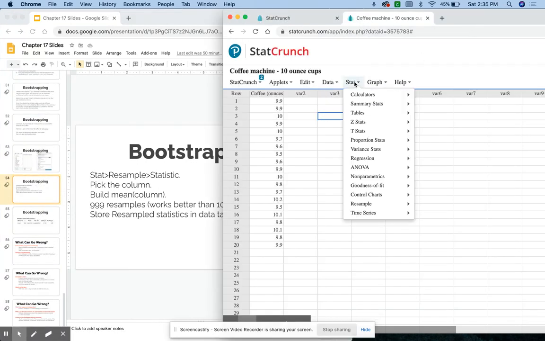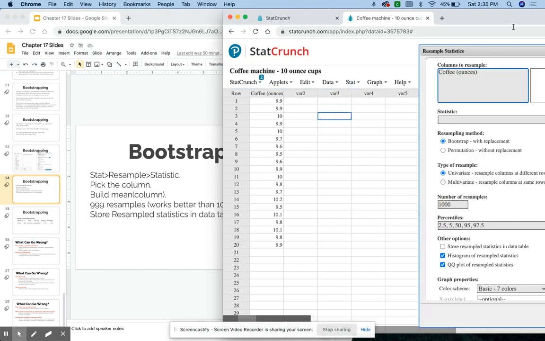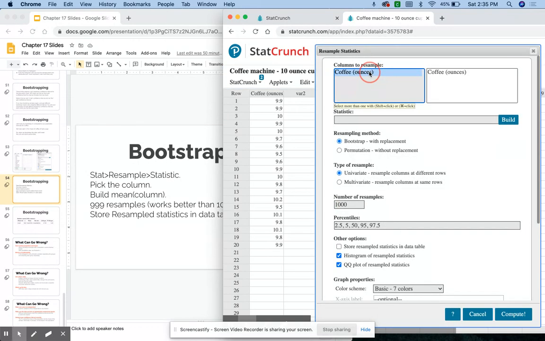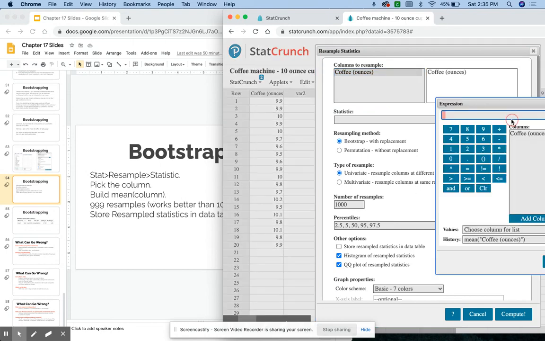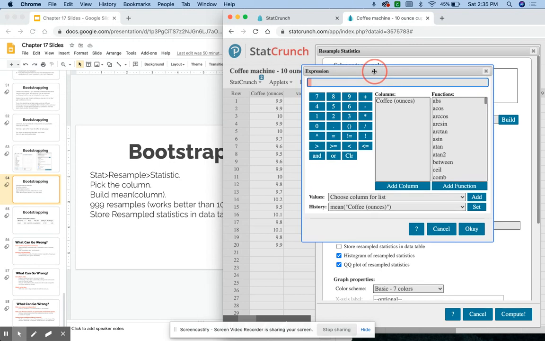Okay, I forgot to click something. Let me see. Stat, Resample, Statistic. Select your column. You have to build the mean column. When you're building a function in StatCrunch, it's really picky about what you click. This is what I forgot: I forgot to do Build. I'm in the habit of just doing Calculate.